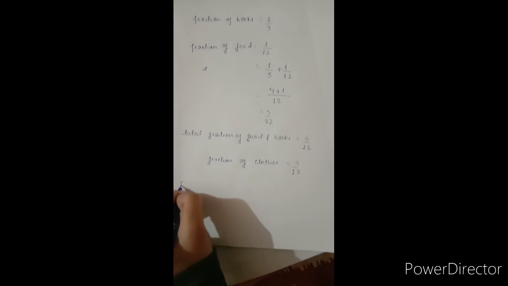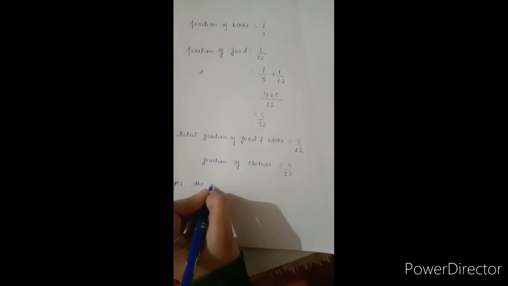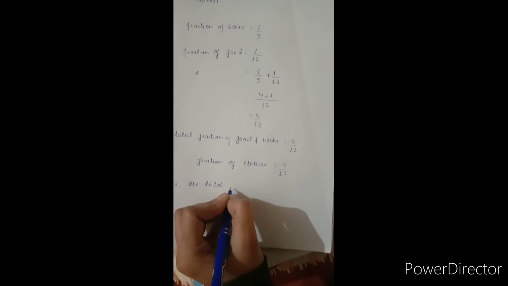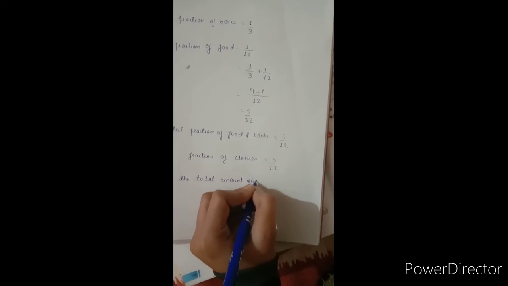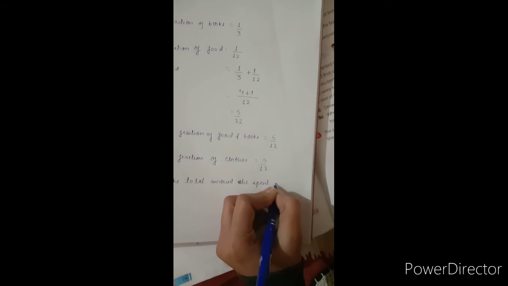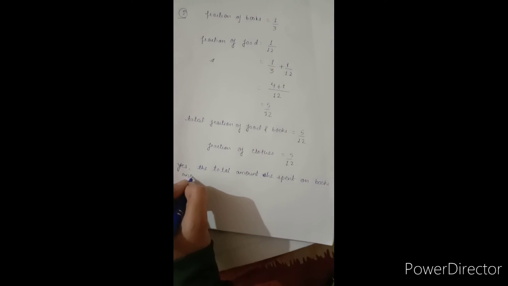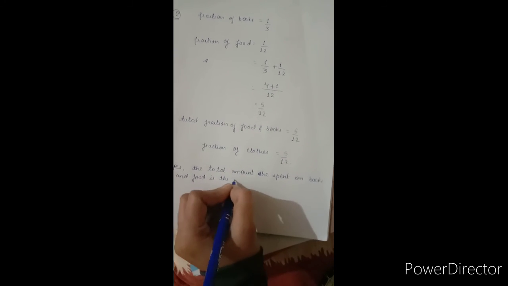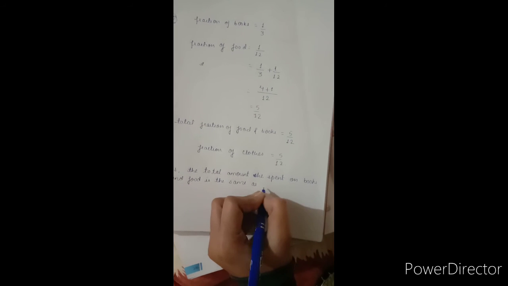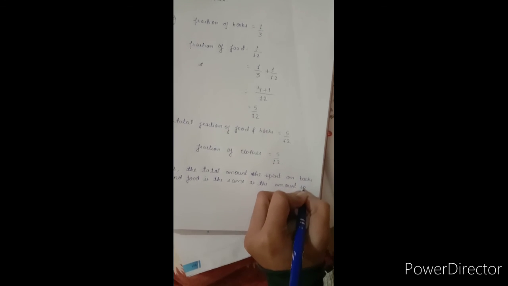So we can say that here, yes, the total amount she spent on books and food is the same as the amount spent on clothes.